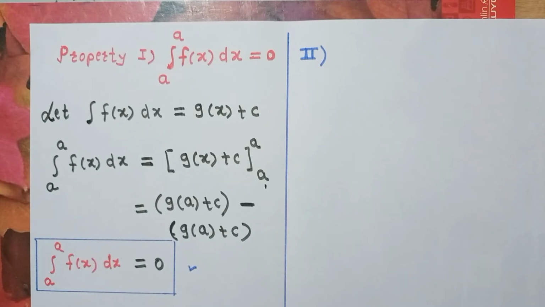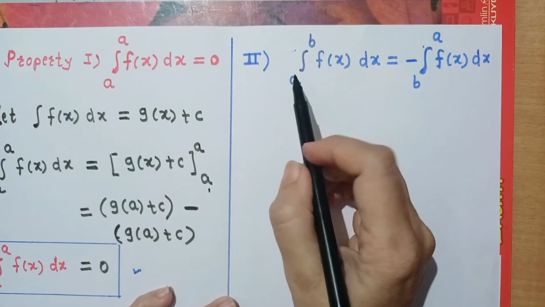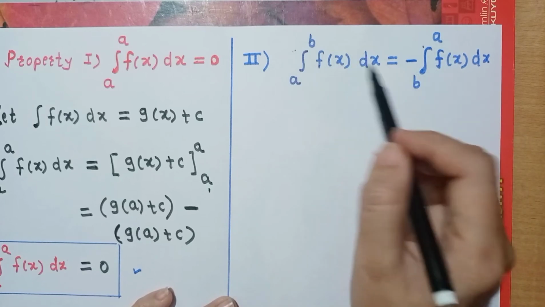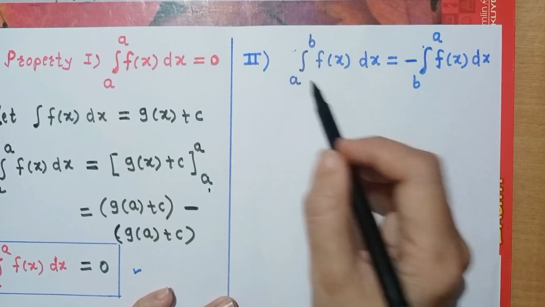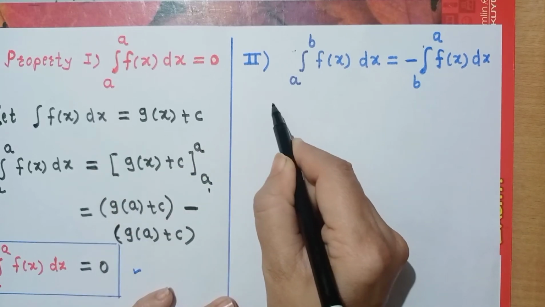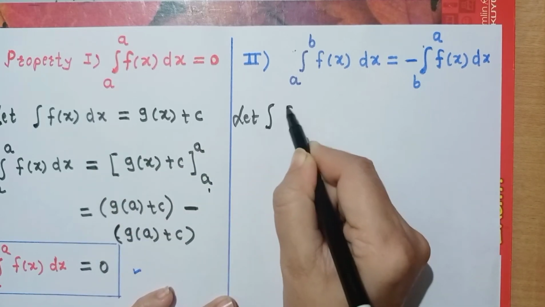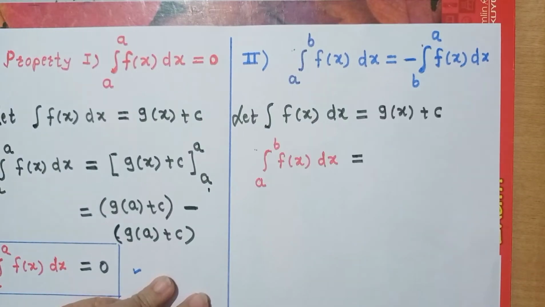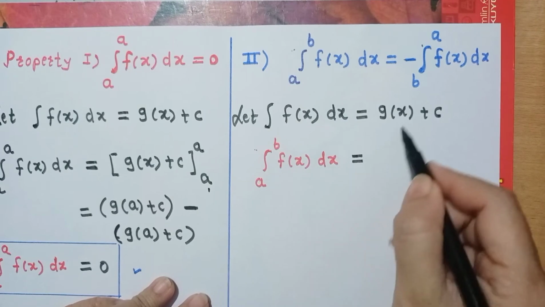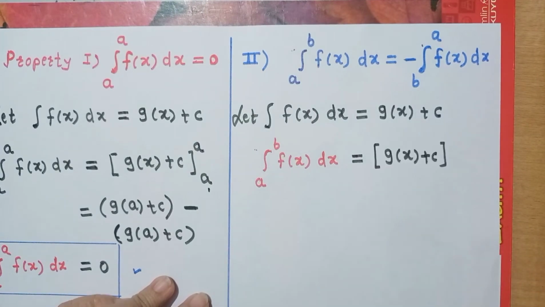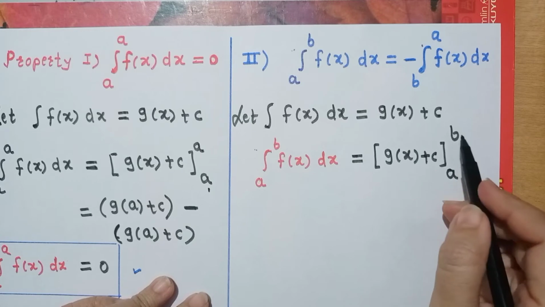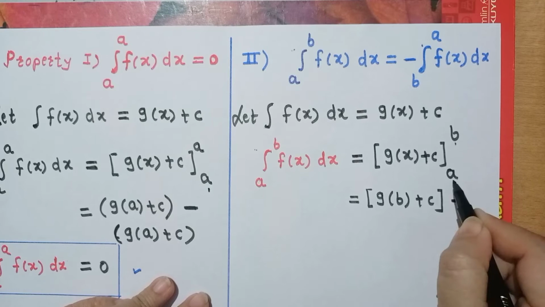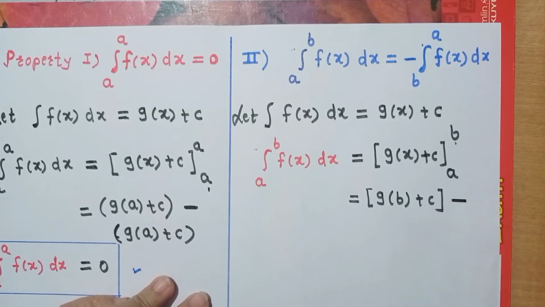Now let's check second property. This is our second property, and if we change the limit, then its value will change by its sign. So again we will consider this only. Integration of f(x) dx is equal to g of x plus c, so consider this LHS here. So we will write this here, and limits are from a to b. Now we will substitute first upper limit, then middle sign minus, then we will substitute lower limit.